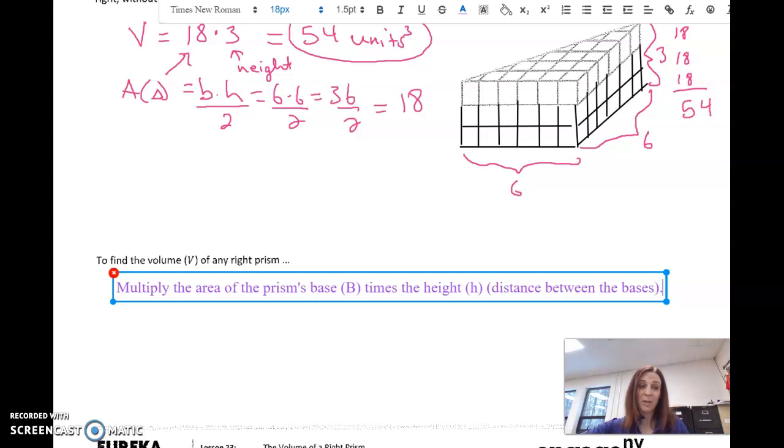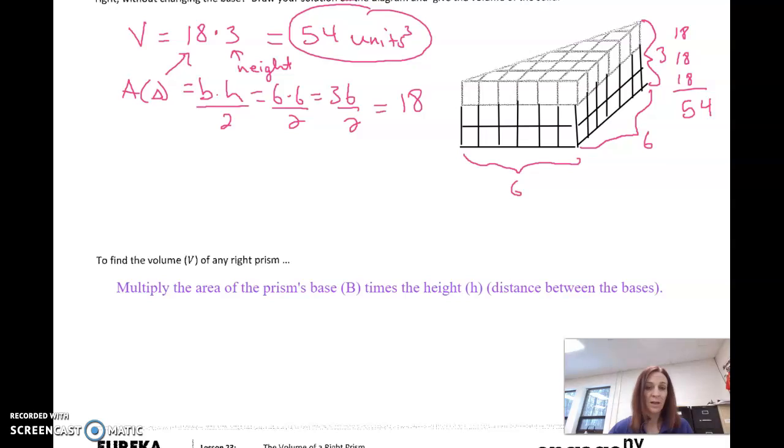And that gives us our formula of volume equals area of the base times height. Right here, area of the base times the height, which is the distance between the bases. So we don't have to try to draw all these figures. We just need to know and use our formula.